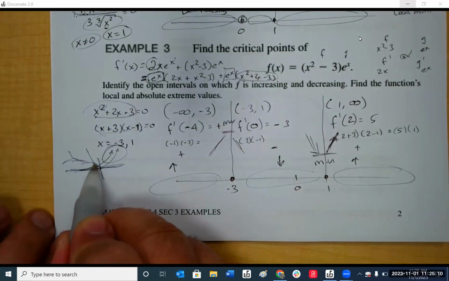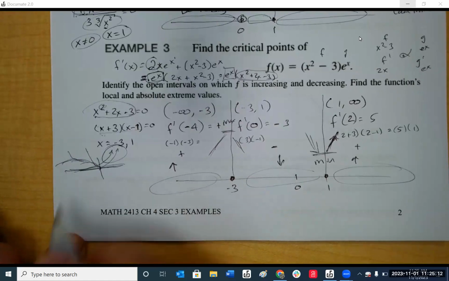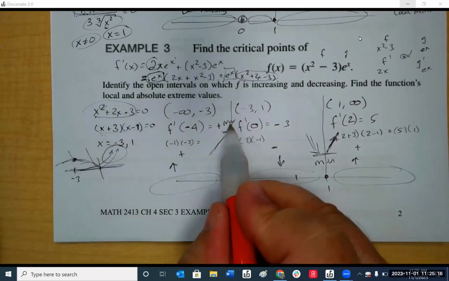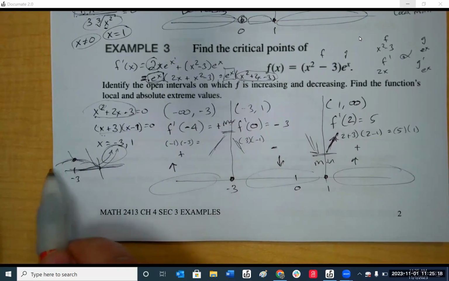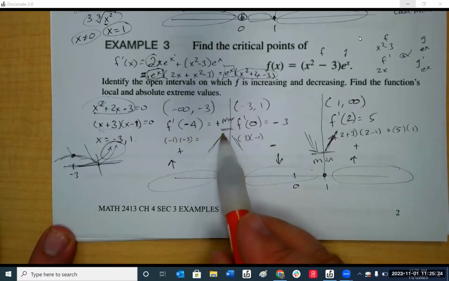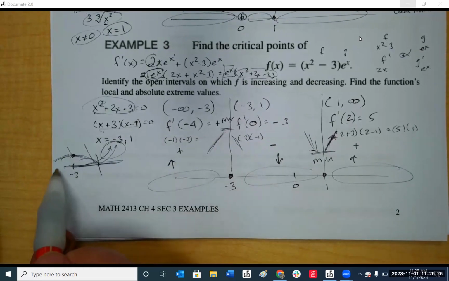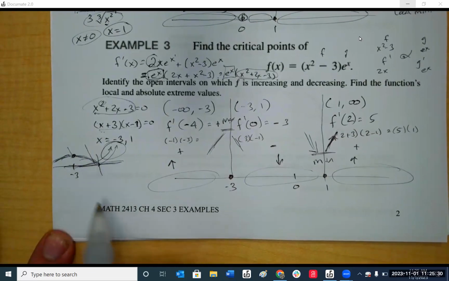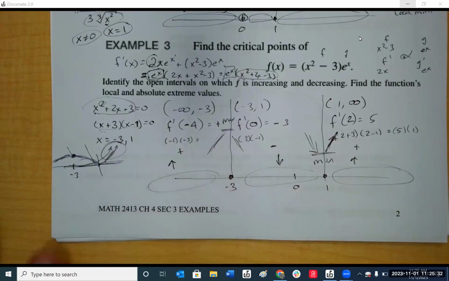Which means if it goes down, then at -3 we have a relative maximum. So it has to start going down, because remember, at -3, on the left-hand side, it goes down. So this is what the graph's going to look like. It goes down here, it goes down there, and it goes up here. That's what the graph tells us.